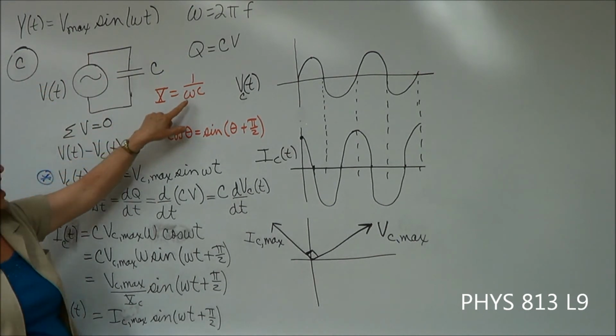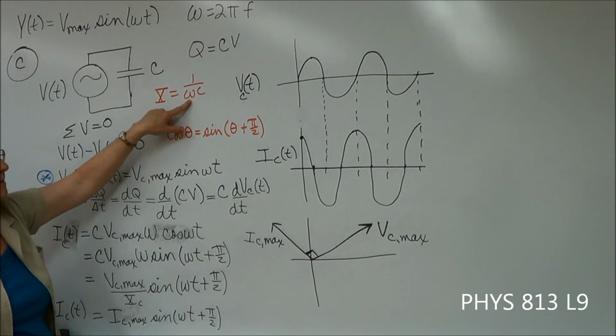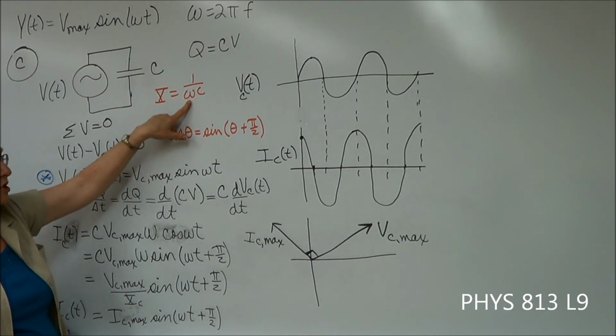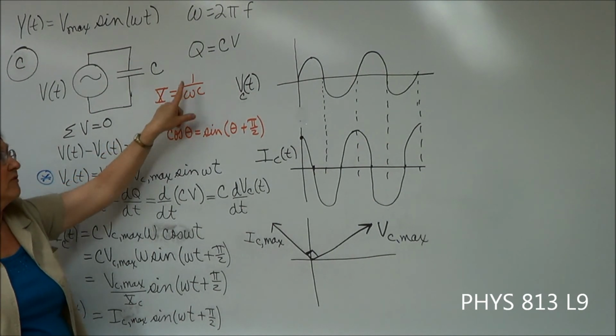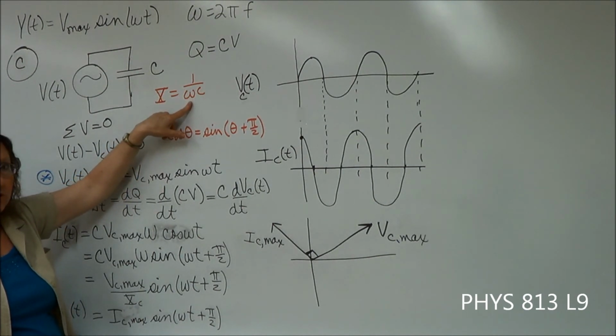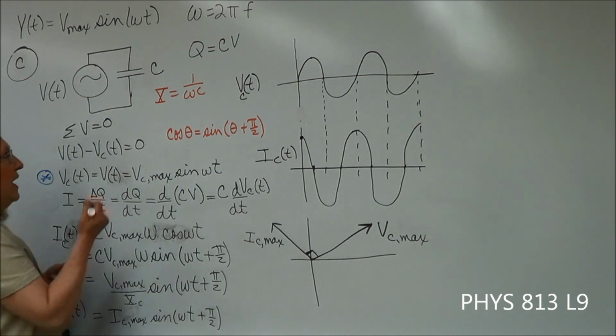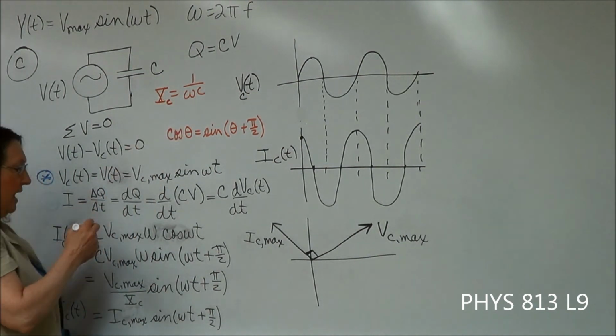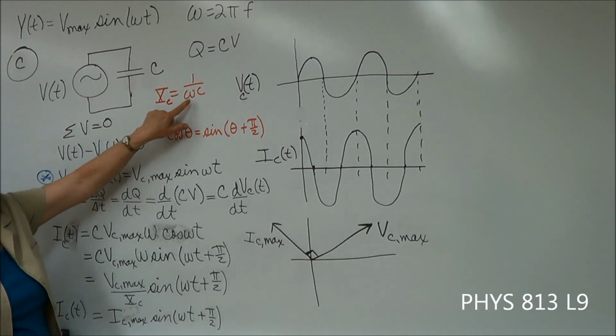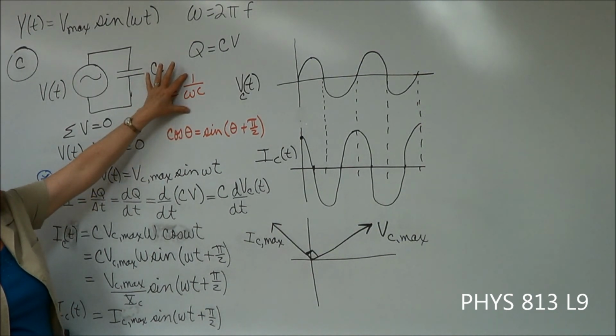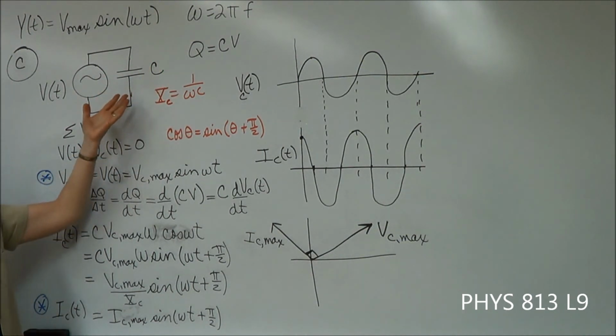So at high frequency, we have a large number in the denominator. If you have a large number in the denominator, the overall effect is a small number. So the reactance for the capacitor at high frequency is a small number, and it really doesn't have much effect.